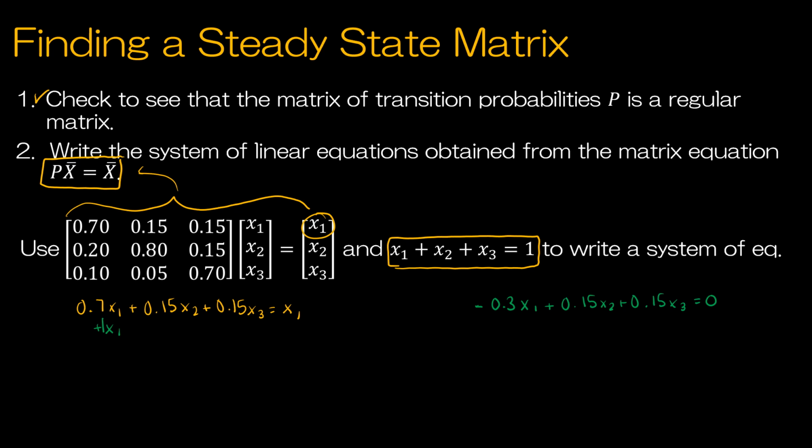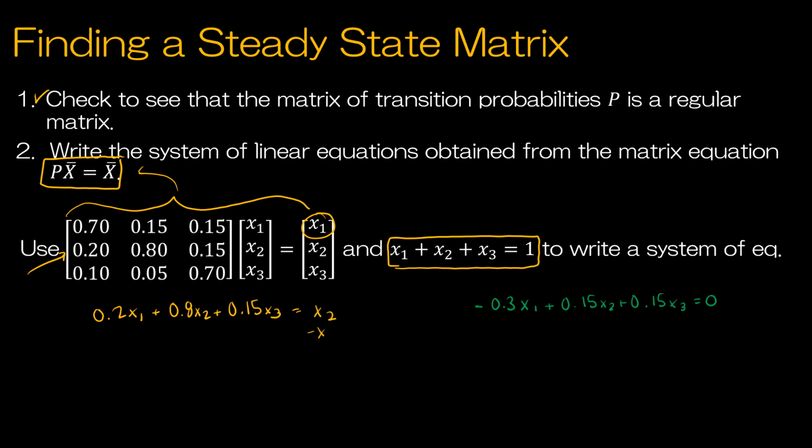Now I'm going to do the same thing for the next row. So I'm going to get rid of all that so we have room to work. 0.2x1 plus 0.8x2 plus 0.15x3, again coming just from the second row, is equal to x2.